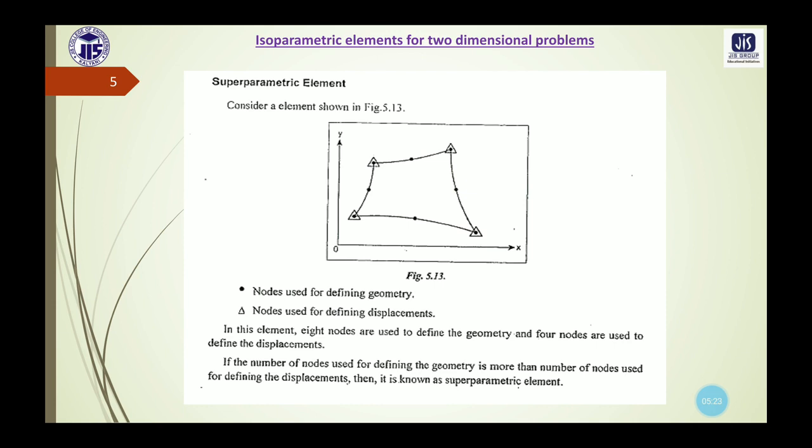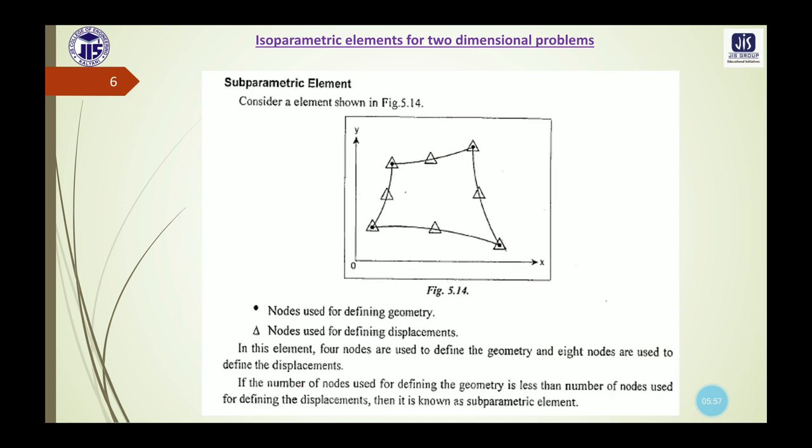What we have seen in case of the isoparametric element, the number of nodes used for defining the geometry was equal to the number of nodes used for defining the displacements. But in case of the superparametric elements, the number of nodes used for defining the geometry is higher than the number of nodes used for defining the displacements. So this is the concept of the superparametric element.